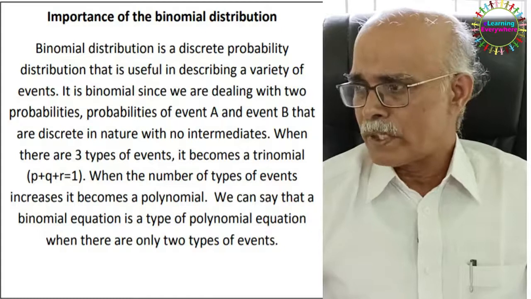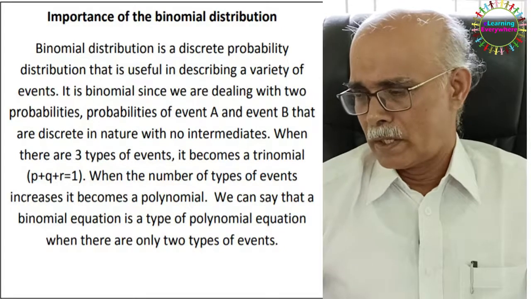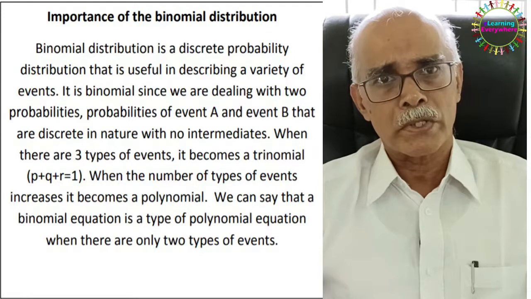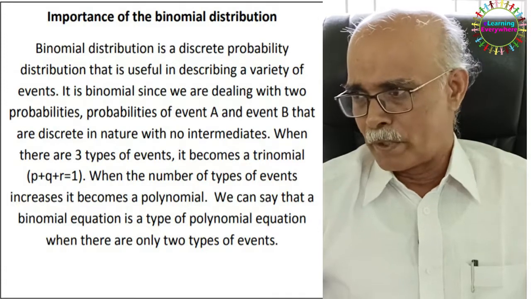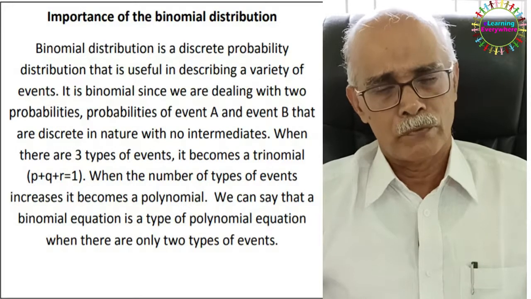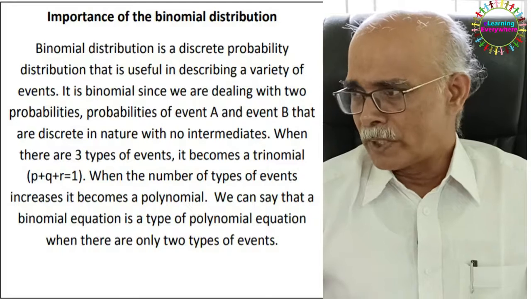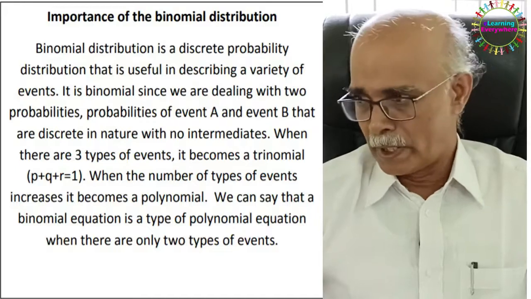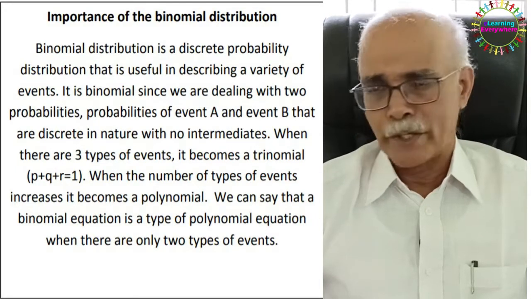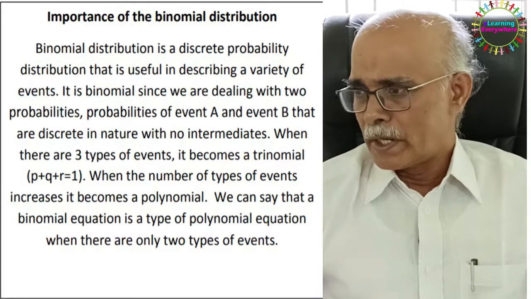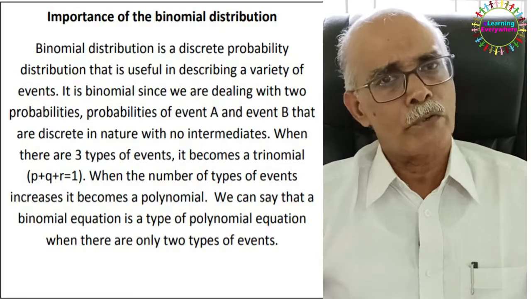When there are three types of events, it becomes a trinomial, and instead of P plus Q equal to 1, it becomes P plus Q plus R equal to 1, and P plus Q plus R all squared can also be expanded, which will also be equal to 1. When the number of types of events increases further, it becomes a polynomial. We can say that a binomial equation is a type of polynomial equation when there are only two types of events.